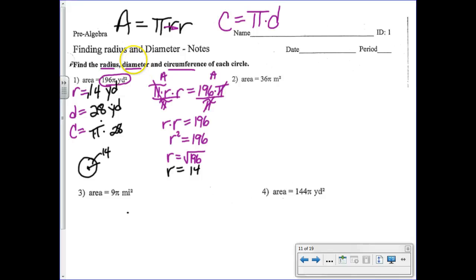Now, this is a good one, because when you calculate this, you end up with a value of 87.96. So when I get that value, 87.96, it says round to the nearest tenth. Actually, it probably doesn't say that up here, but I want you to round to the tenth place.